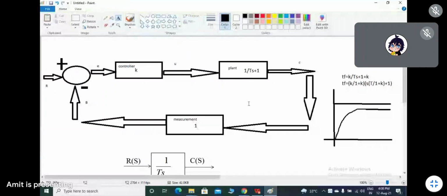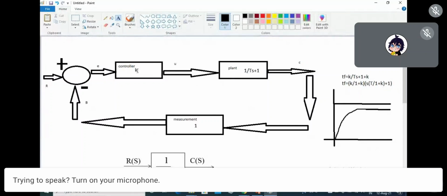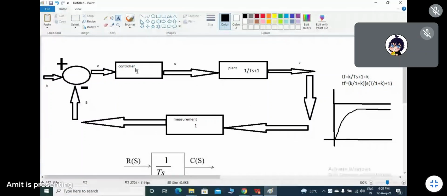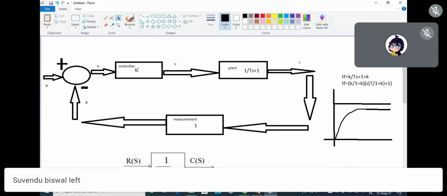The controller is just some gain. Here I am using a P controller, or proportional controller, which is nothing but it will provide some gain only. That's why I am representing it as K, variable gain.